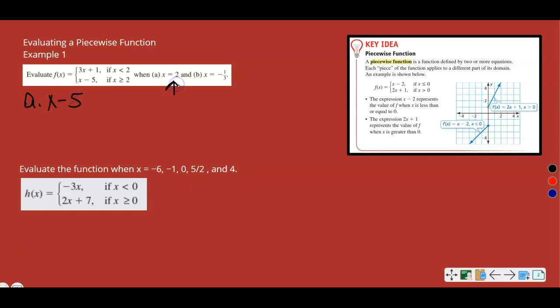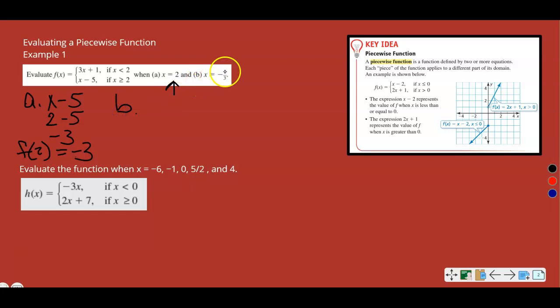Now it's saying let x equal 2. So 2 minus 5. 2 minus 5 is negative 3. So we can say f at 2, because when x, right here, f of x, when x is 2, that equals negative 3.